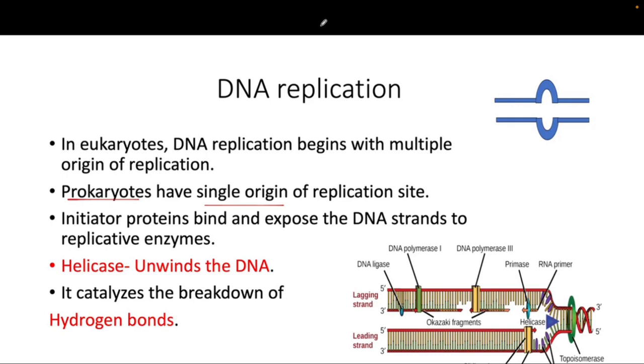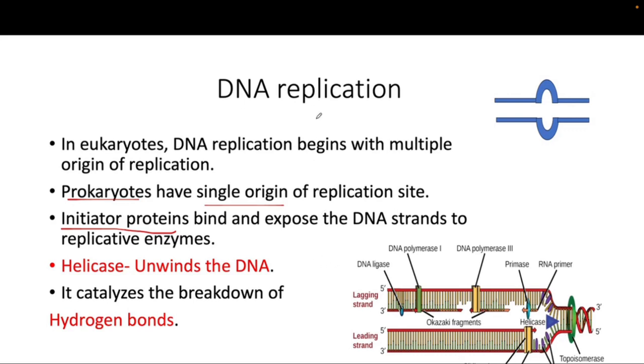The replication process begins with the initiator proteins. These initiator proteins expose the DNA to the replicative enzymes. Here on the right side of the image, as you can see, these are initiator proteins, like single-stranded binding protein and helicase, which are all enzymes.